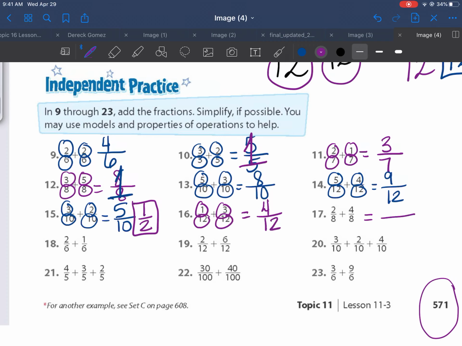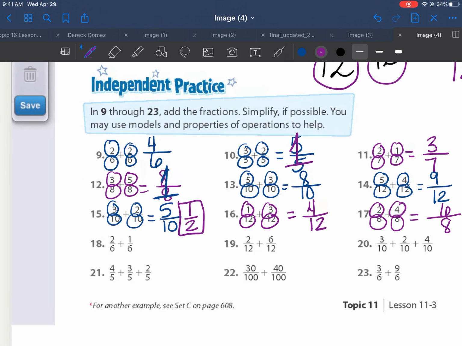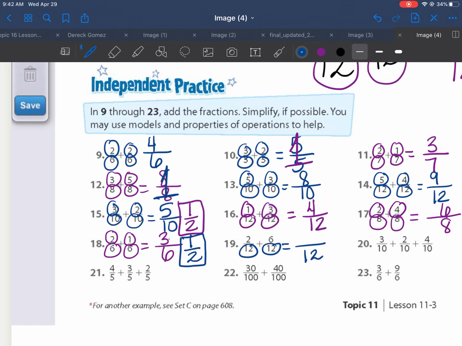Denominator stays the same. 1 plus 3, 4. Number 17, denominator stays the same. 2 plus 4 is going to be 6. Number 18, denominator stays the same. 2 plus 1, 3. Remember, 3 es la mitad de 6, so se convierte en la mitad, half.